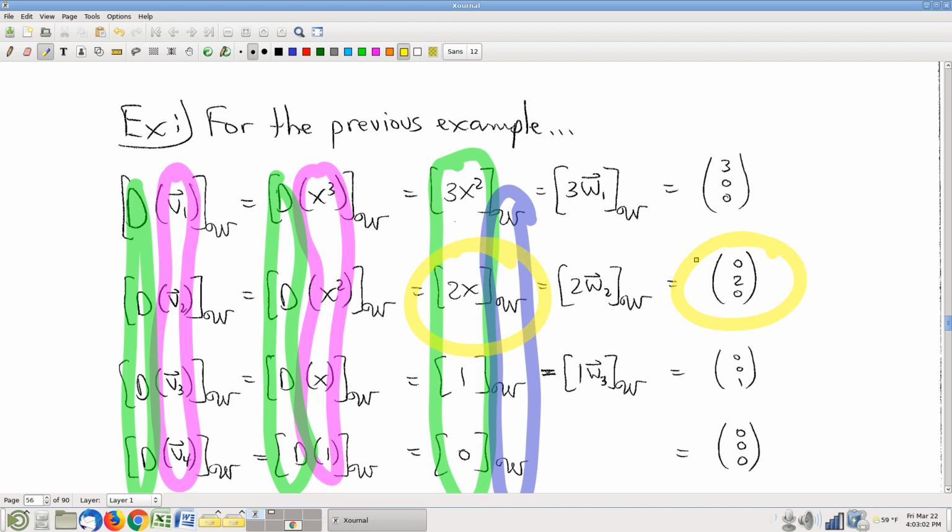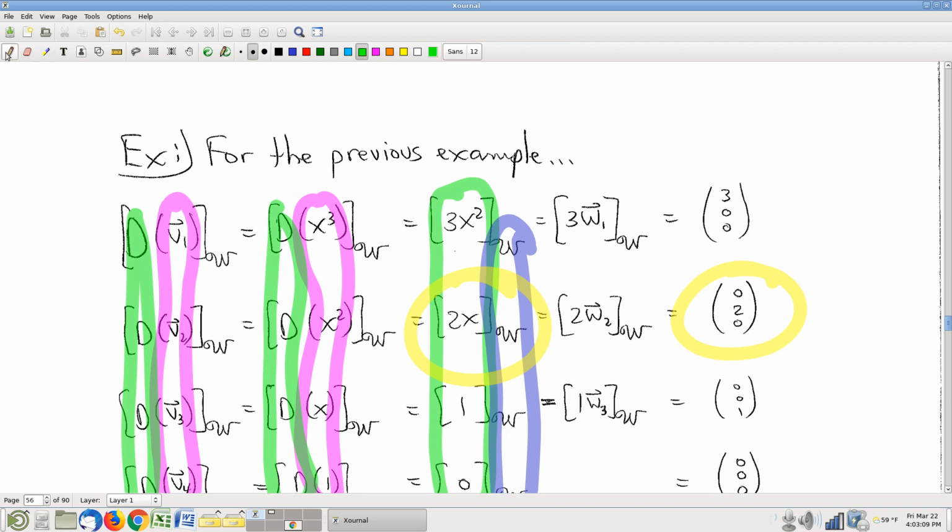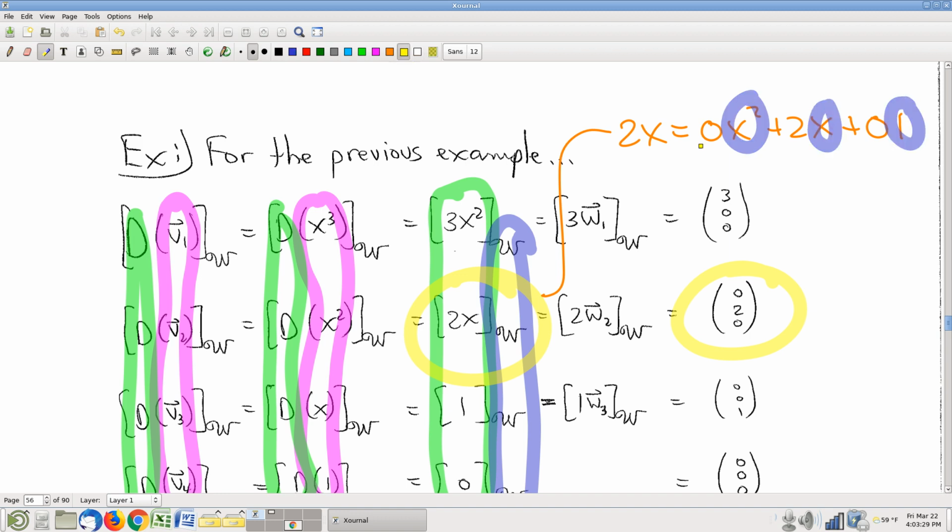Let me write that out. 2x is 0 x squared plus 2x plus 0 times 1. So these were the basis vectors. Here then are our coordinates, 0, 2, 0.